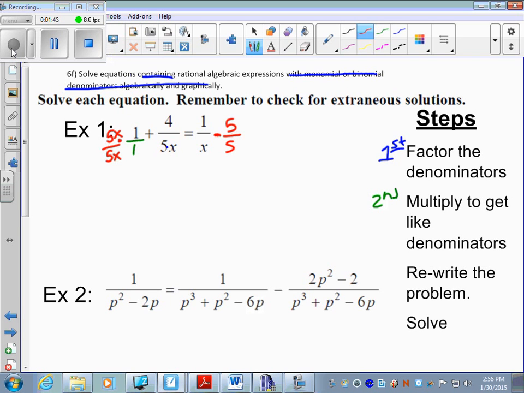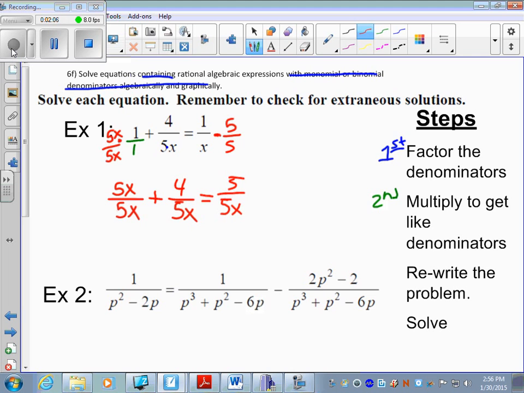So let's multiply this all out. We have 5x times 1 is 5x over 5x, plus the middle fraction, we didn't do anything with because it already had the common denominator we were looking for, 5x. And then equals 1 times 5 is 5, x times 5 is 5x.